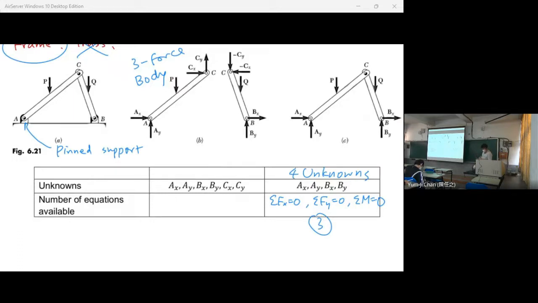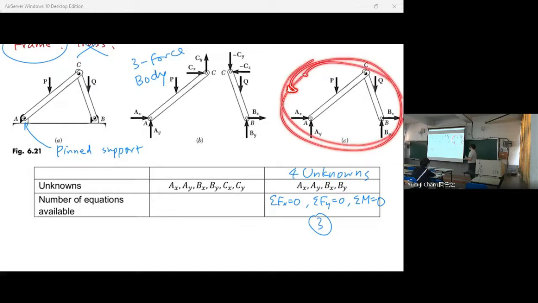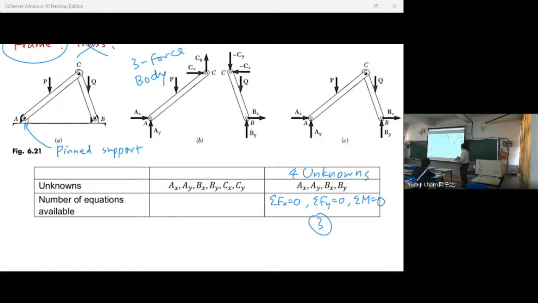Is this a rigid body? If we only look at these two members, is this a rigid body? Because this is a pin joint, it means that it can move this way, right? So this is not a rigid body.